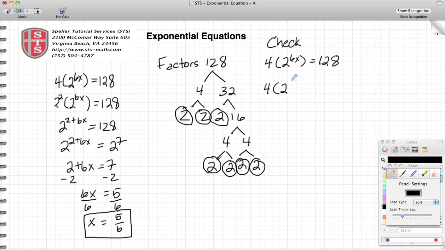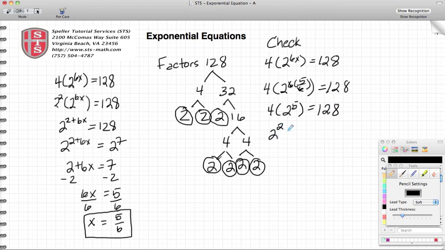So it's 4 times 2 to the 6 times 5/6 power is equal to 128. We see that we have a 6 in the numerator and 6 in the denominator. So we know those cancel out to 1. So that gives us 4 times 2 to the 5th power is equal to 128.